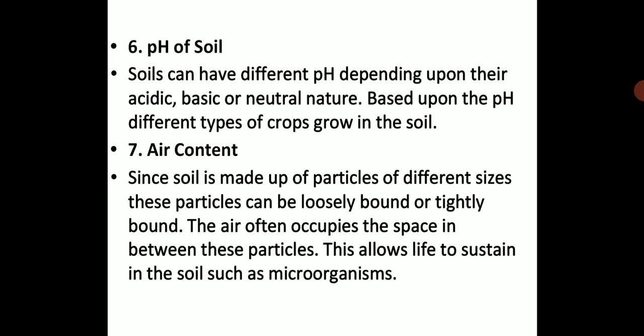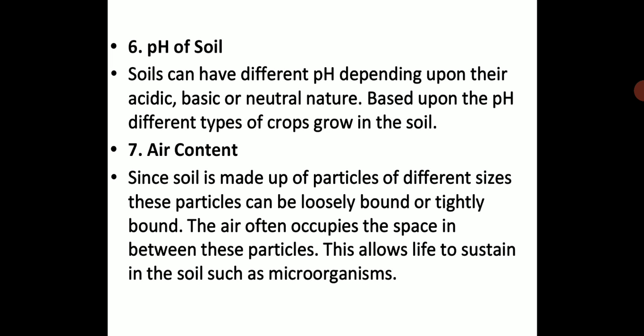Different types of crops grow in the soil based upon the pH. So you have to check for the pH before you start cultivating a crop on a field, because if the pH is too high, it won't be suitable for certain types of crops. If it is highly basic, or if it is highly acidic, it won't be suitable for some crops.